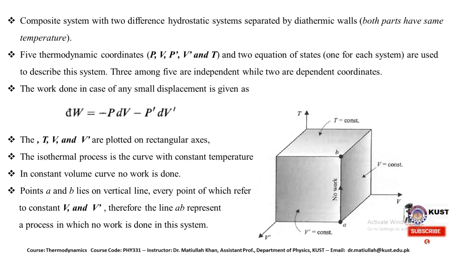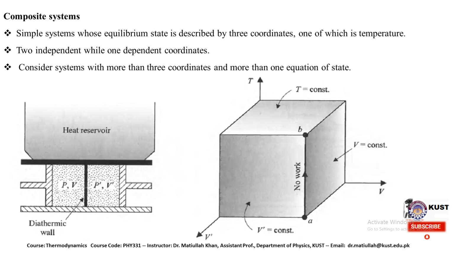So we have some other examples. This was the first example of a composite system. What we did in this case is we had 5 variables to describe these systems. Two, pressure and volume, for the first system, and two, pressure and volume, for the second system, represented by P dash and V dash, and one common variable, that is the temperature.